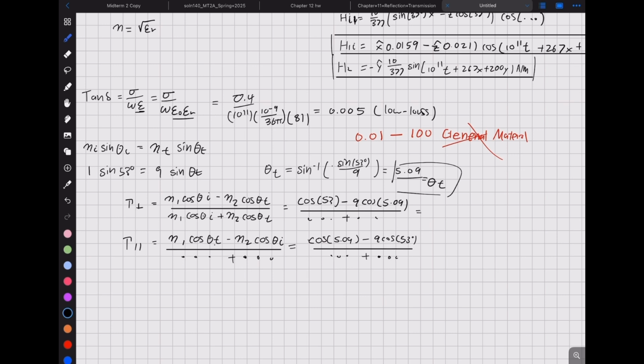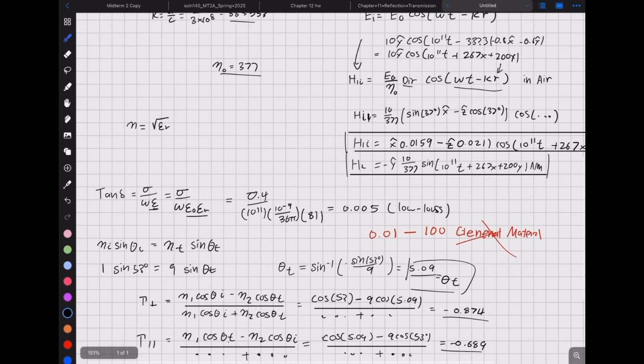So calculating that, we're going to get negative 0.874, and this one is going to be negative 0.689. And our gammas are found. And that's going to help us on finding the reflected H field.